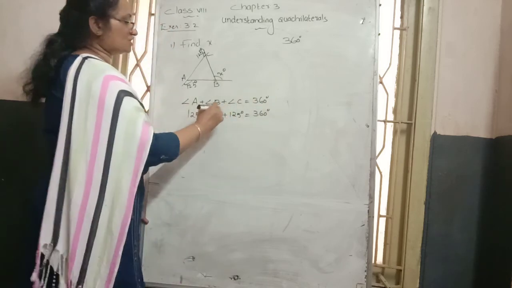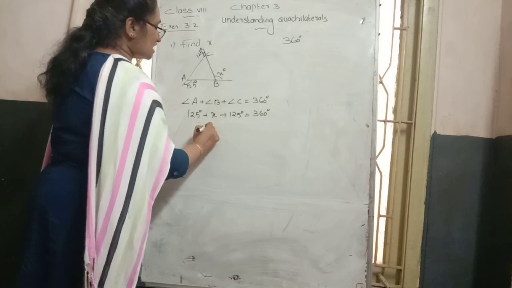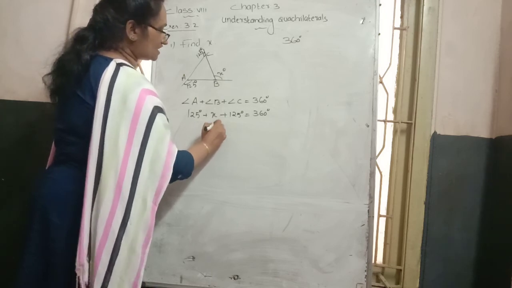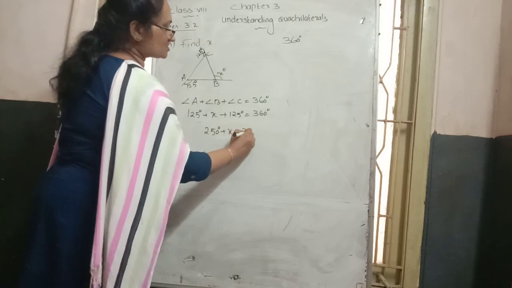So 125 plus 125 is 250 degrees, plus x is equal to 360.